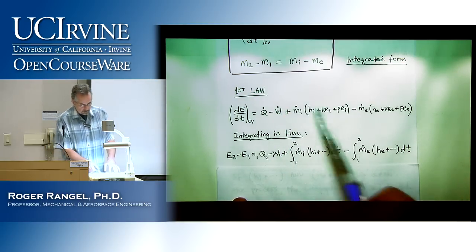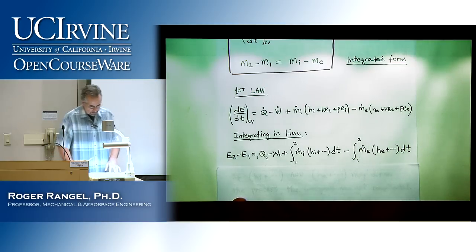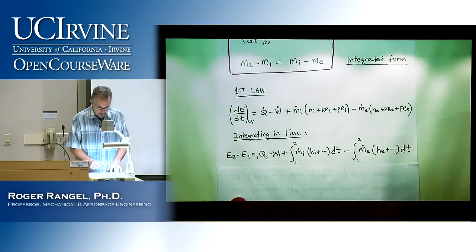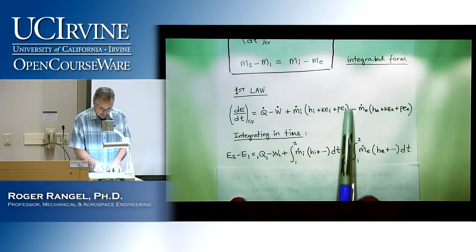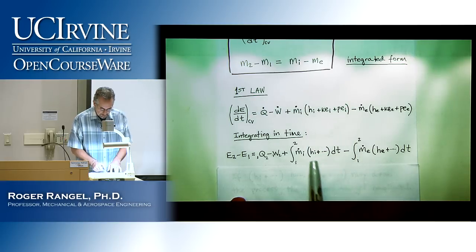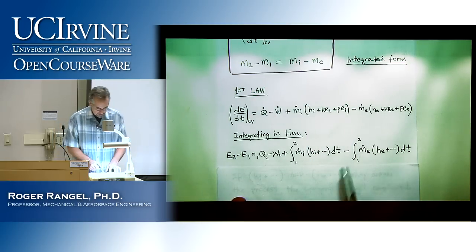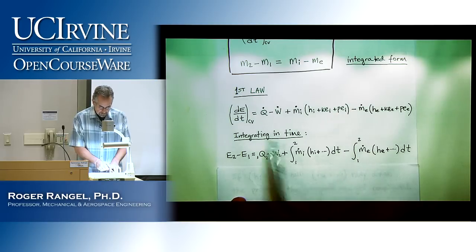The next two terms are a little tricky, because only under certain assumptions can you actually carry out the integrals. I have written both of them here. The integral from 1 to 2 of m dot I, with all the terms in the parentheses, I just wrote the first one, h sub I, plus the other terms, dt, integrated in time.